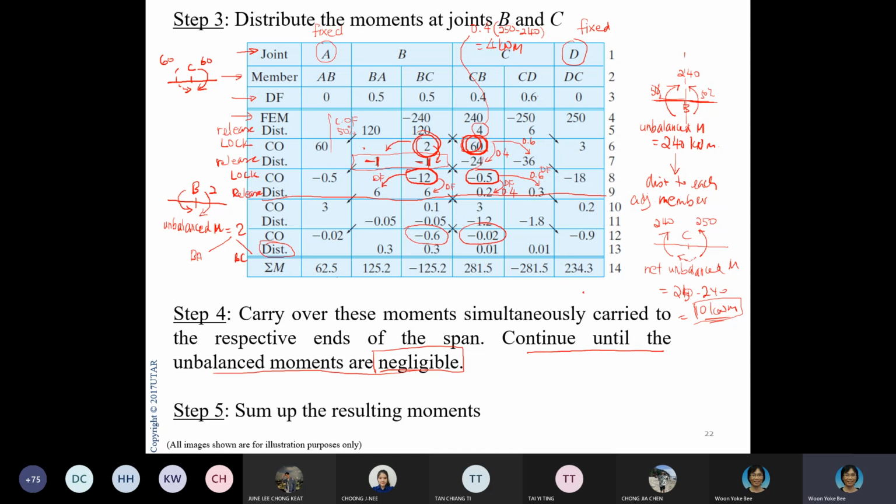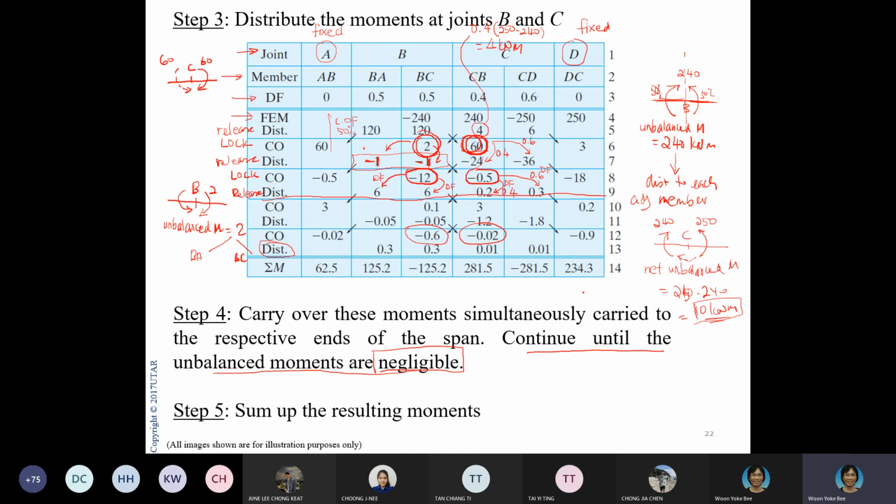As an engineer, you have to decide how accurate you want it to be. It is a question of judgment. If your intention is to carry out a detailed analysis, then you want it to be very accurate.